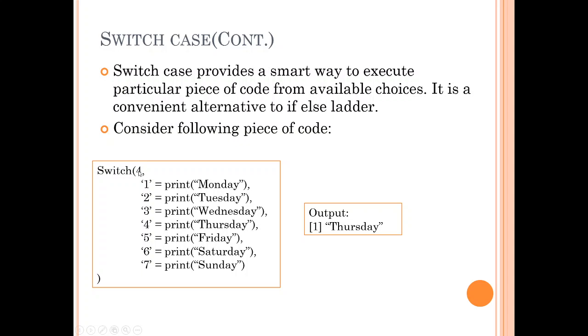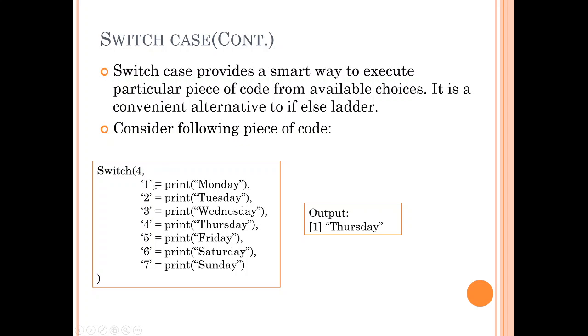So here we have 4, meaning we want to run case number 4, or whichever case has 4 as its label. Now you can see here there are 7 cases that we have given in single quotes, case 1, 2, 3, 4, 5, 6, 7, and for every case we want to print a particular value, say Monday, Tuesday, Wednesday, Thursday, Friday, Saturday and Sunday.